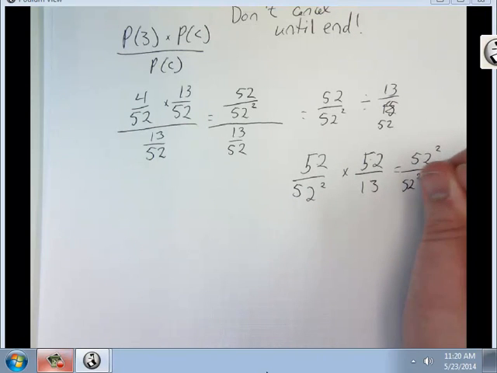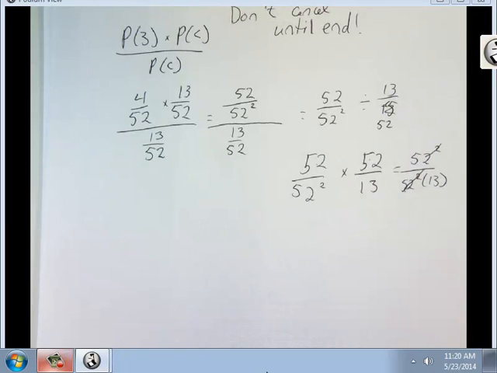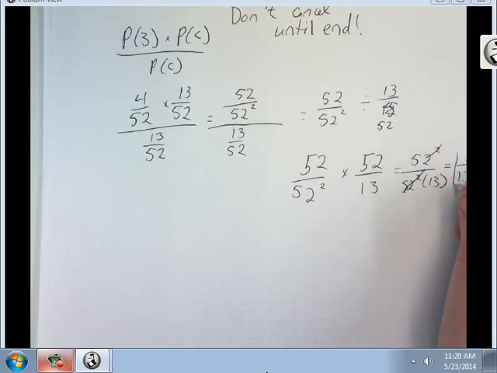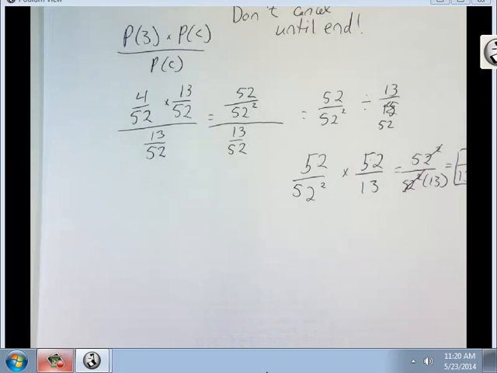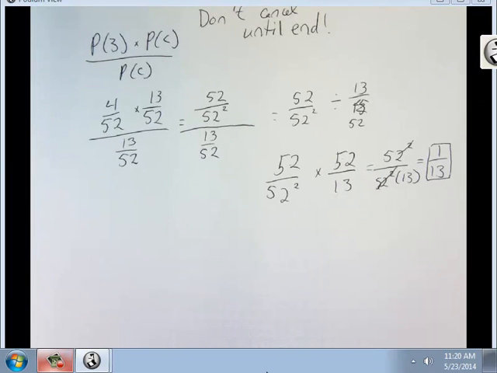They're going to cancel out. I'm left with 1 over 13. And if you think about it, that makes sense. Basically, you're saying that you're only pulling from the clubs, and there's only 1 out of 13 clubs that's a 3. And that's the main thing with outcome-based probability. So that's the first video. I'll see you in the second one.